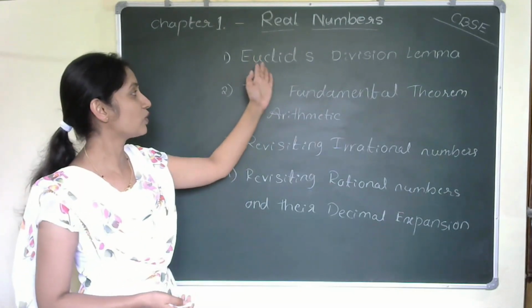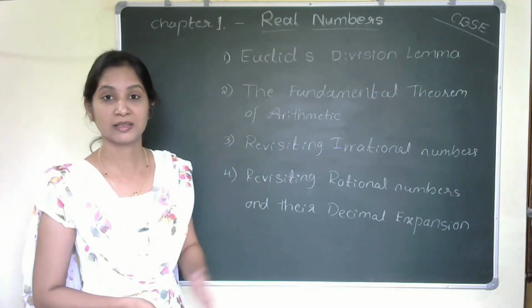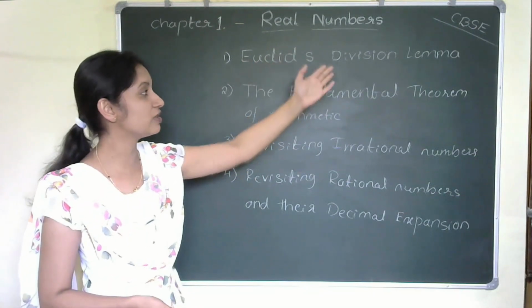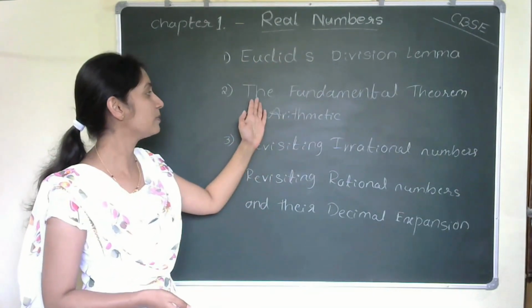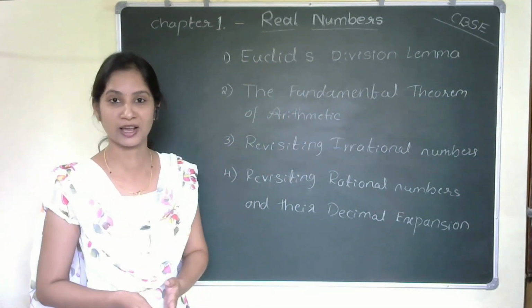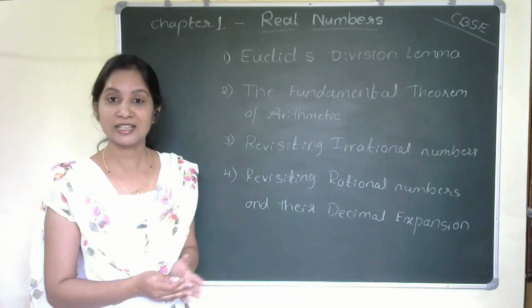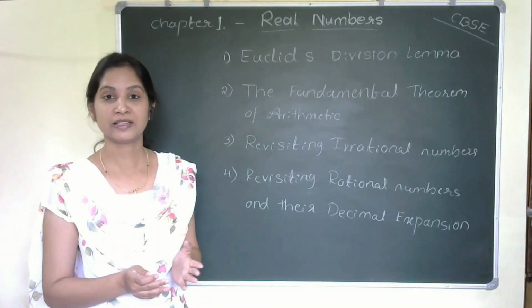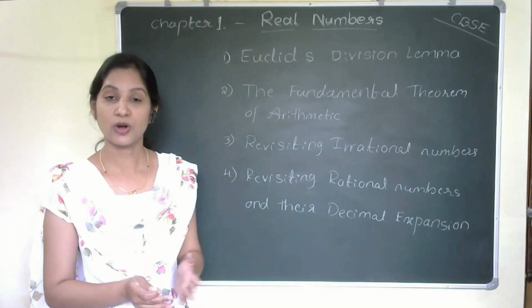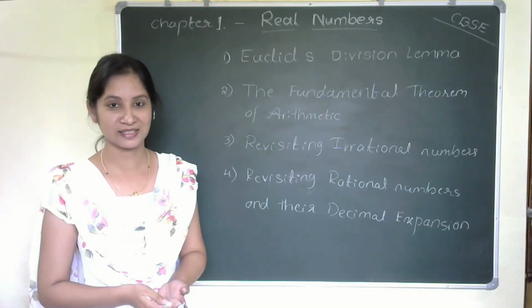And then we will solve problems based on Euclid's division lemma and also problems based on the fundamental theorem of arithmetic. So don't skip, please watch till the end and you will get the solution for all the questions discussed.